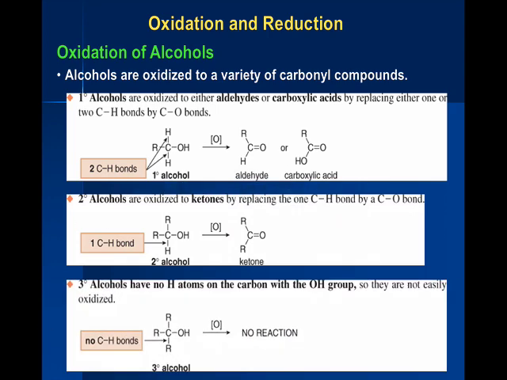Tertiary alcohols, there's no reaction. Why is that? Because we have no hydrogens on this carbon to oxidize. So tertiary alcohols are inert towards oxidation, for the most part. Secondary alcohols give us ketones, and primary alcohols can give us aldehydes or carboxylic acids.